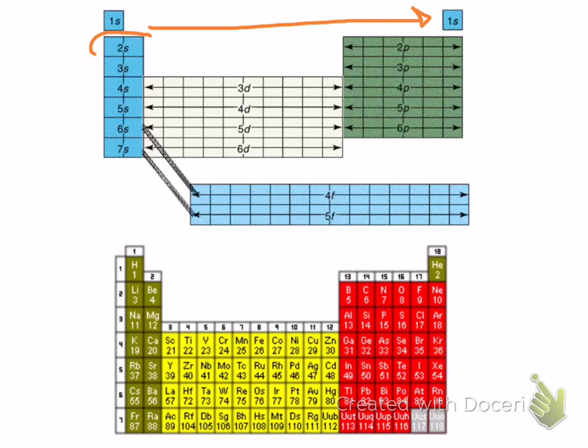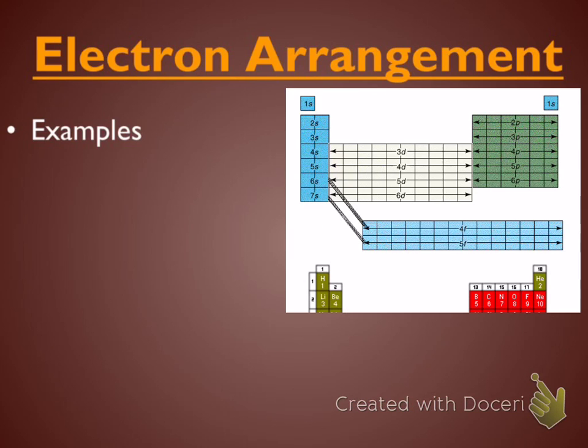Every time you get to a row, like the second row, you will name each part, and each part will have a number and a letter, like the 2s or the 2p. So every time you're in a different section, you have to identify the energy level and the sublevel.